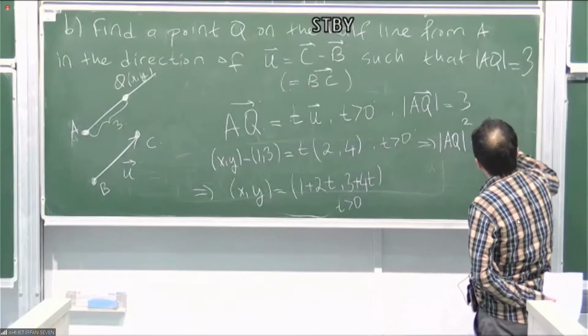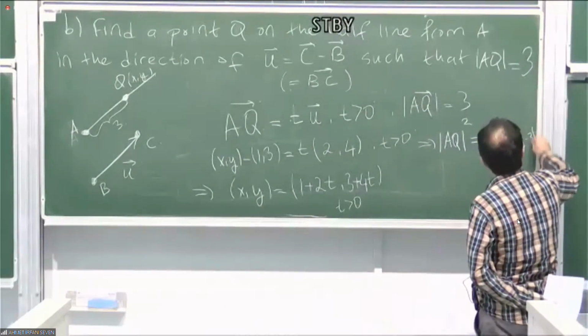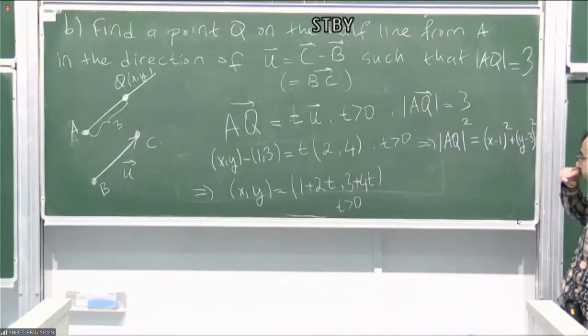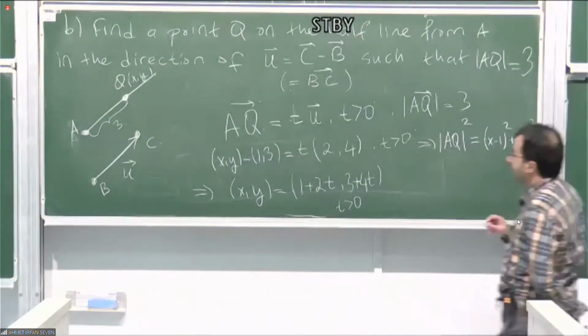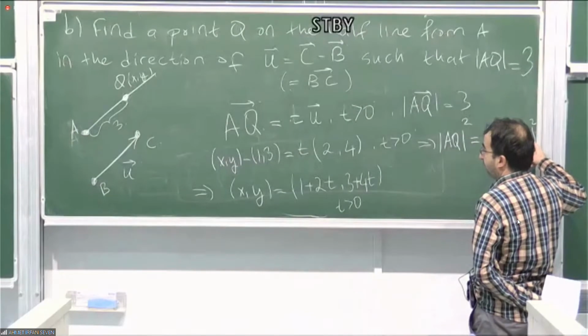So it will be x minus 1 squared plus y minus 3 squared.